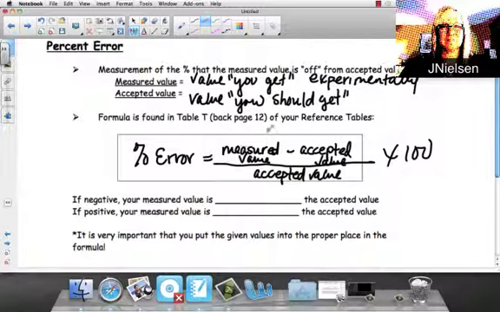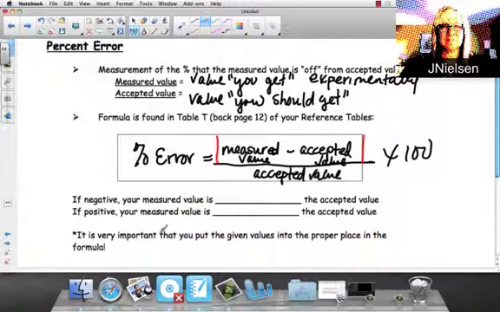In some cases, if your measured value turns out to be less than your accepted value, you would get a negative percent, which is impossible. So you kind of have to remember that the numerator is absolute value. And I don't know why they don't put that on the formula, but they don't. So if you ever compute something and you get a negative percent, just get rid of the negative.